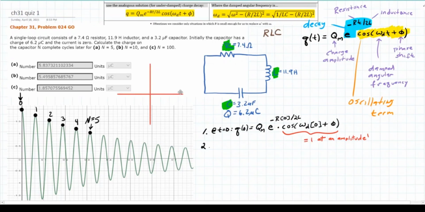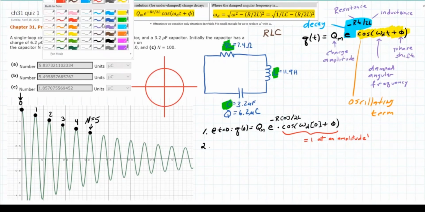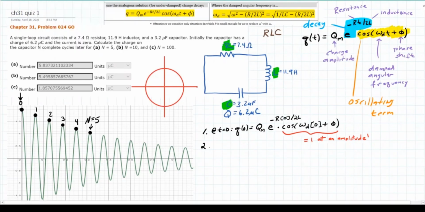Let's just call a quick timeout to talk about the unit circle. So here's a unit circle right here. Cosine refers to what's going on along the x-axis. This is the x-axis, and this is the cosine axis. This is the y-axis, also known as the sine axis.